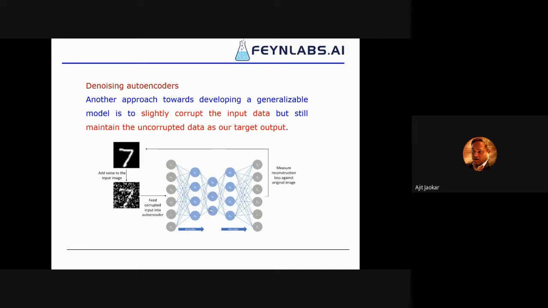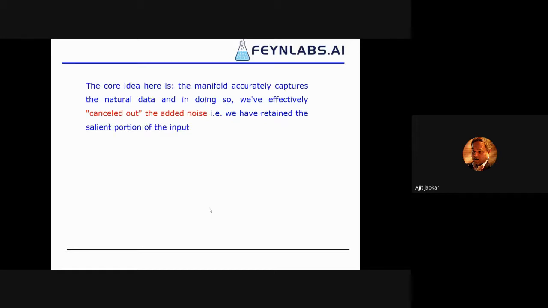So this is one of the functions of the autoencoder, where it effectively functions as the denoising component. Because if you have noise and you feed it to an autoencoder and you make a reconstruction error, it looks at the salient aspect of it and removes the noise, and in doing so also functions as a denoising autoencoder.